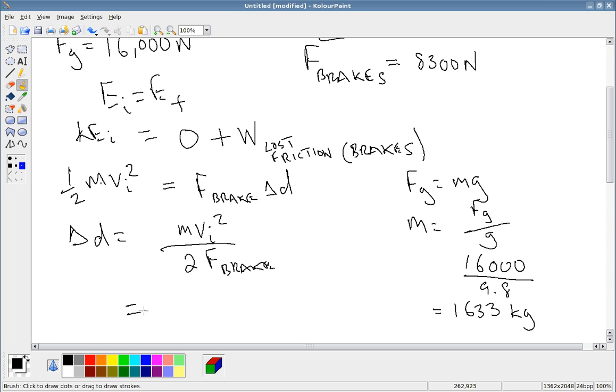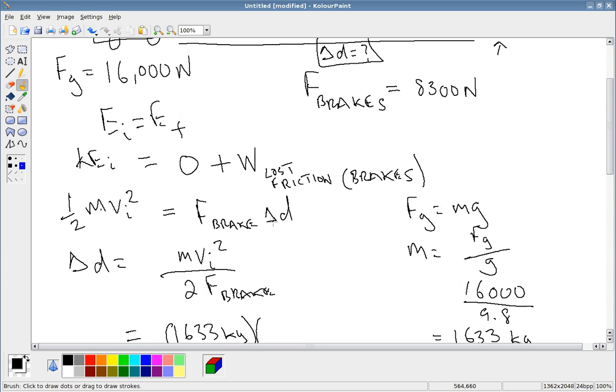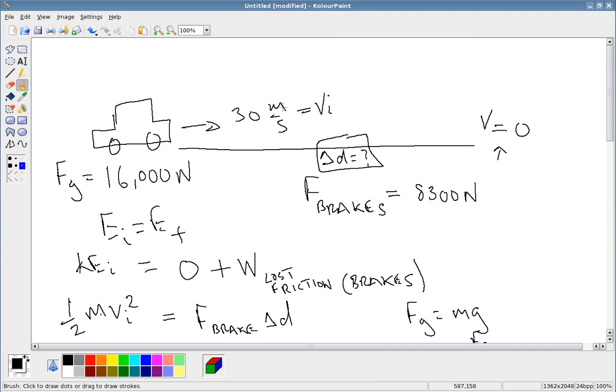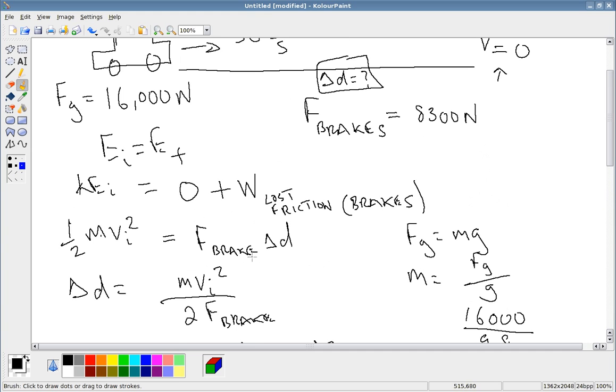And now that is going to equal 1,633 kilos times our initial velocity, which was 30 meters per second, squared, divided by 2 times our brake force, which is 8,300.